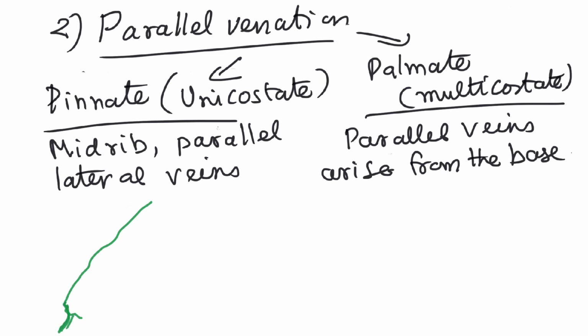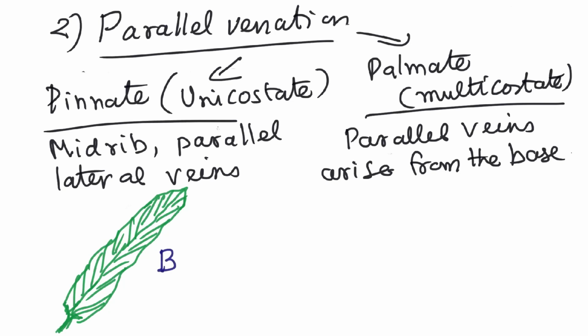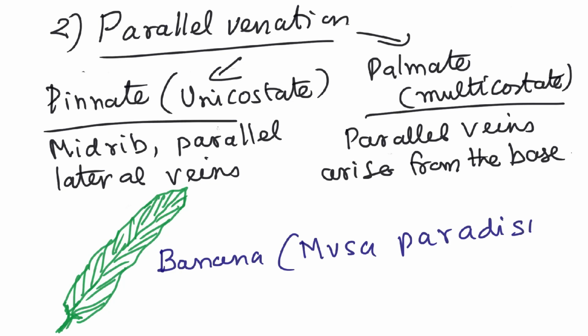So pinnate is a case where the parallel veins are there, but they are lateral. The veins are lateral and they are parallel to each other. So a very notable case of pinnate or unicostate venation which comes under parallel venation is the leaf of banana, that is Musa paradisiaca. So the banana leaf is a nice and very clear example of pinnate or unicostate venation. You can see that there are a lot of lateral veins coming out from the midrib, and all those lateral veins are parallel to each other.